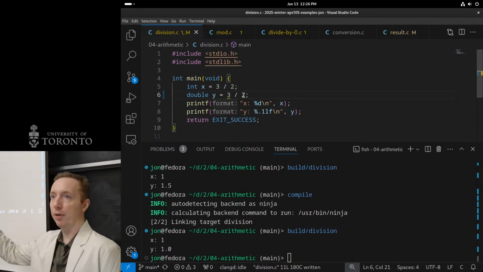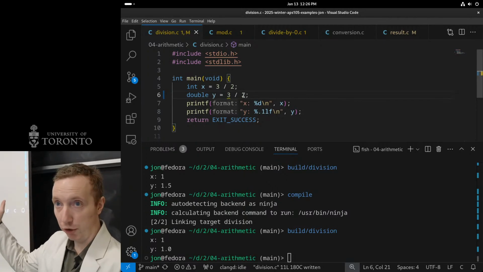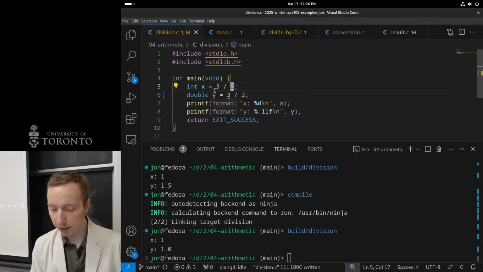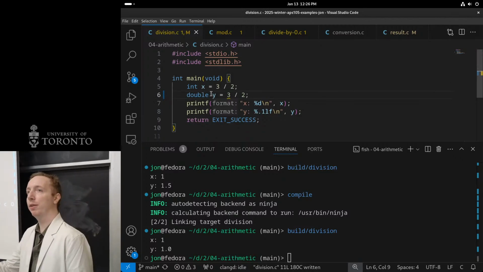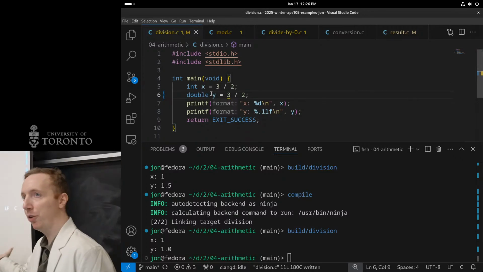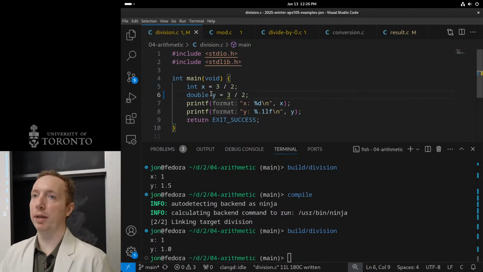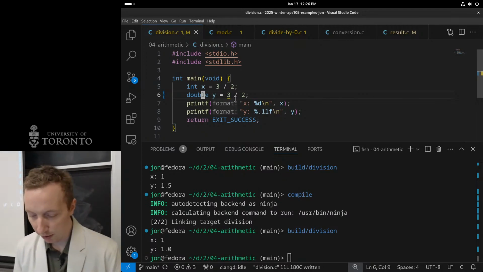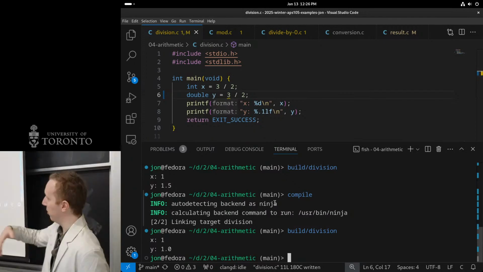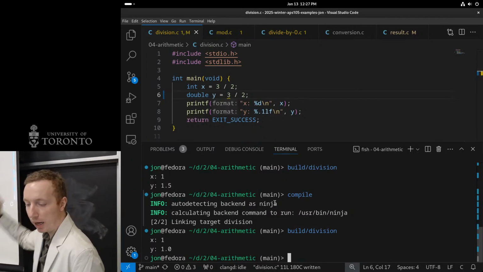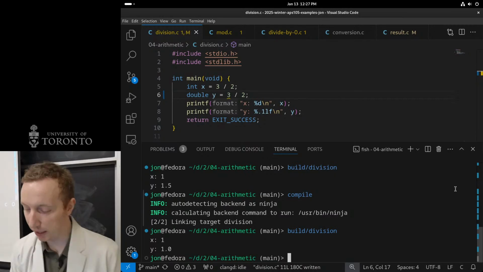So the result is going to be just 1, like before. And because y is a double, it's just going to convert that resulting integer to a double. So it's just going to become like 1.0. I'm going to get the answer 1.0, which might not be what we expect.